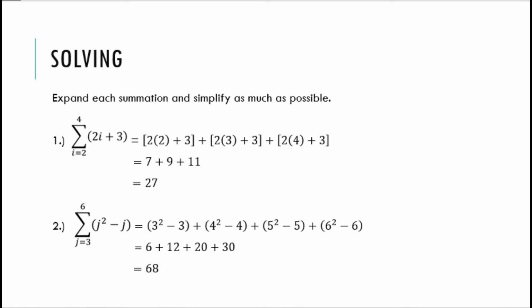And next, rise up by 1, which will give us 4. So now, j will be 4. So the next term here will be 4 squared minus 4, which will give us 12. Next, it will be 5. So 5 squared minus 5 is equal to 20. And the last term here is 6 squared minus 6, which will give us 30. 6 plus 12 plus 20 plus 30 will give us 68. So that is basically it.